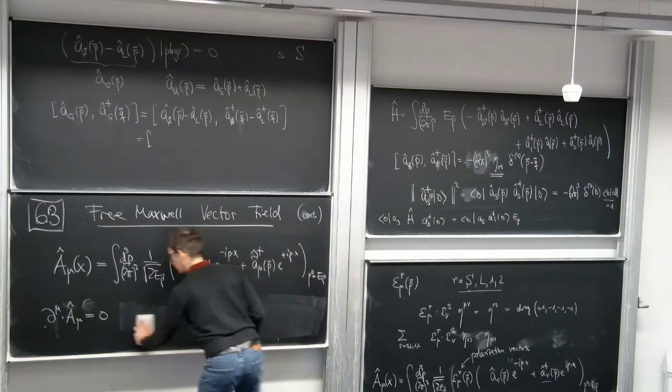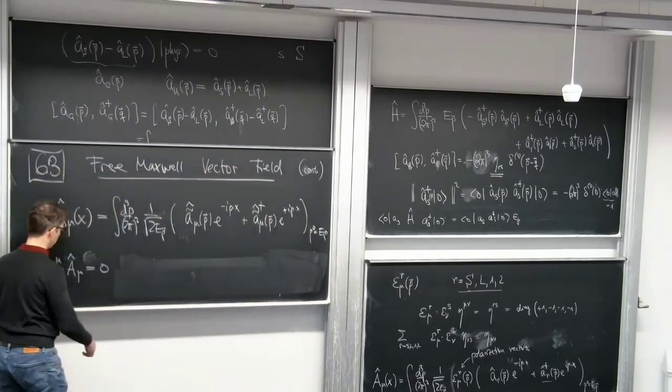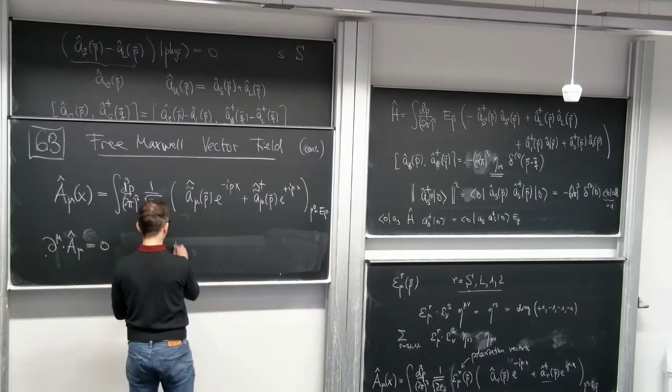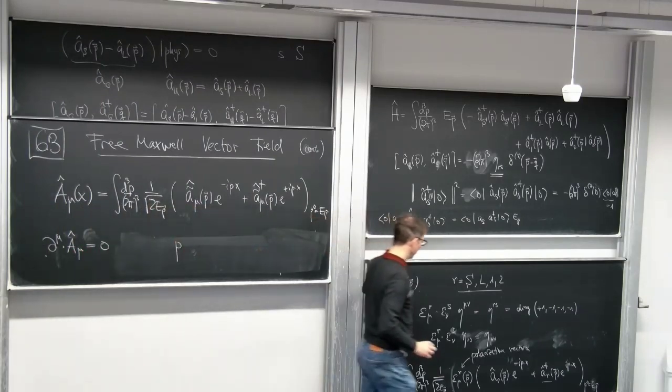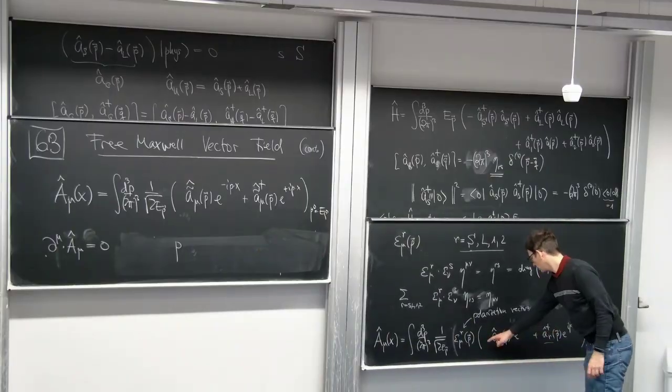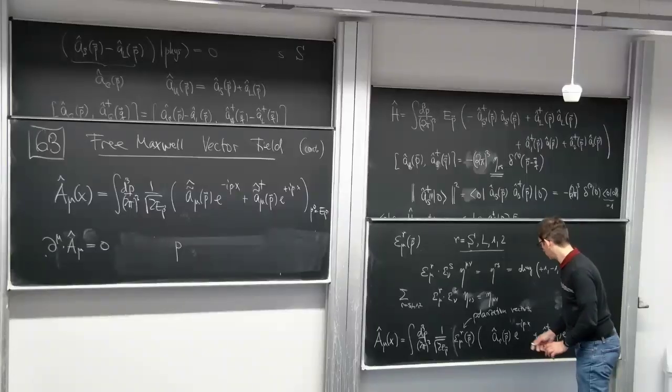That's why you didn't see it. If I differentiate, I get the P from the derivative. With respect to X, I get an I, it doesn't matter.